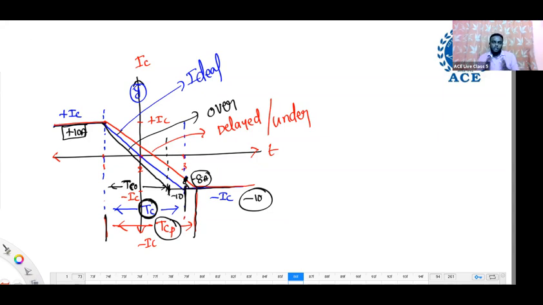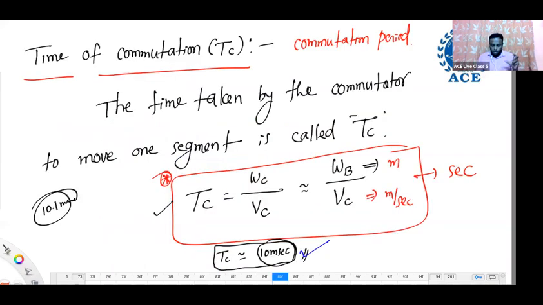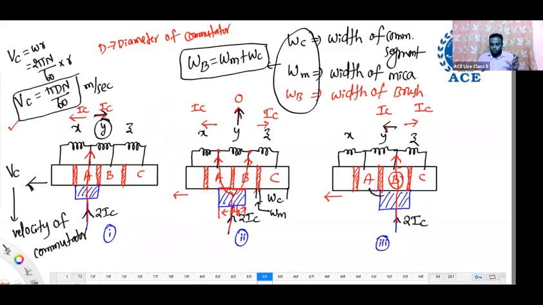So still 2 amps of current remain to be reversed, but the commutator has already shifted. Then how will that remaining 2 amps be reversed? It will reverse in the form of a jump, which is nothing but spark. That remaining 2 amps will jump from segment A to segment B directly through the air.